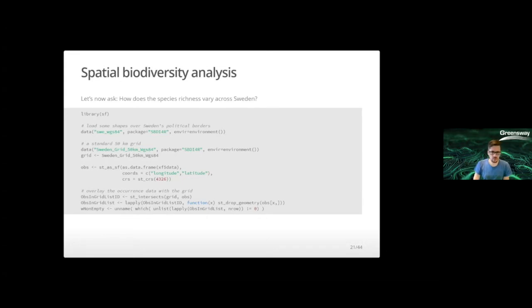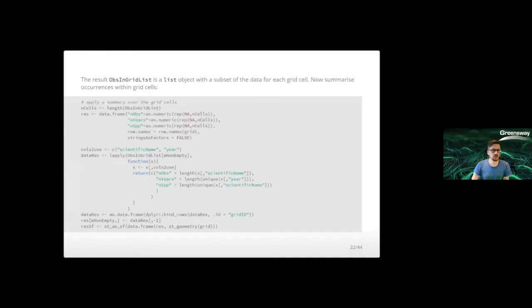Yeah, so you can overlap and make an intersect of the grids and the observations, transforming the observations as a spatial layer. And from these, you can also plot. The result of this intersection will be a list.